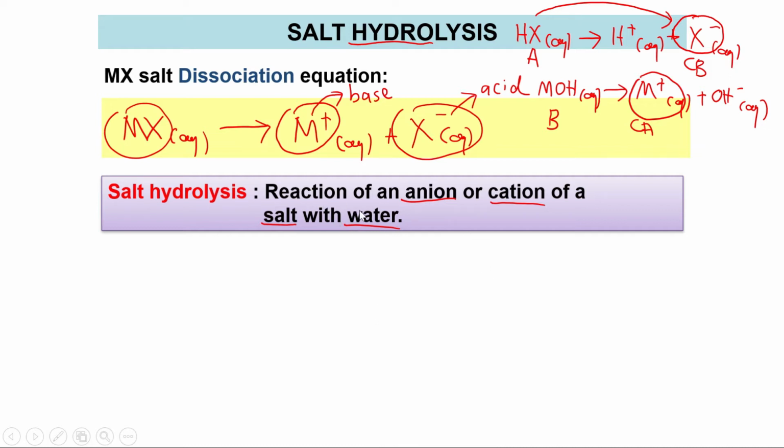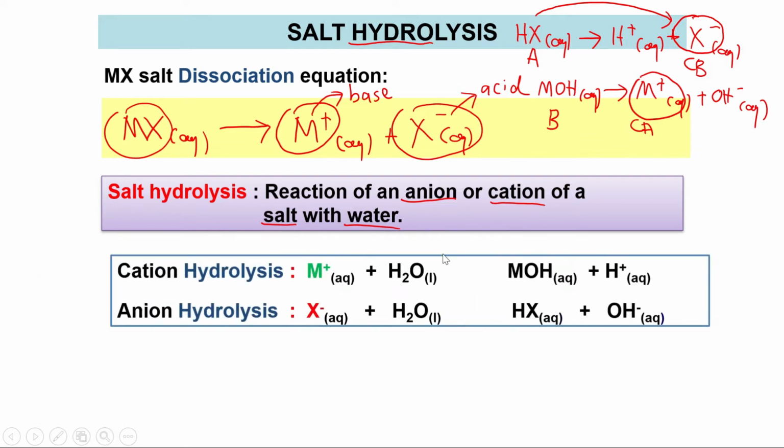So now, if we want to do the hydrolysis equation, let's say for a given salt, the cation will undergo hydrolysis with water. So cation reacts with water, dissociates partially, so we are using the double-headed arrow, forming MOH and H+. So we can see that the product is H+. So the concentration of H+ ions increases.